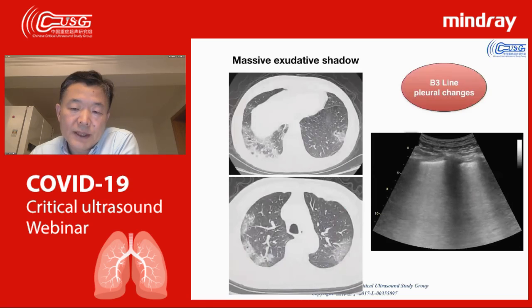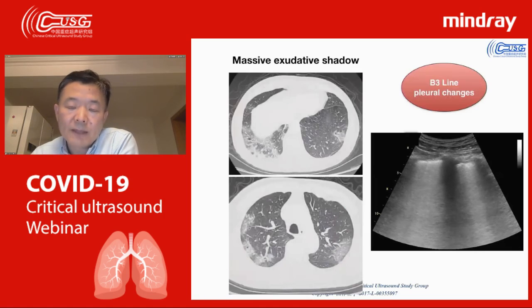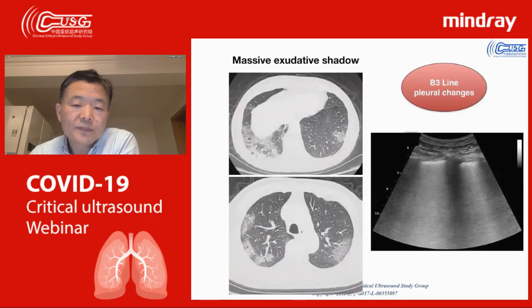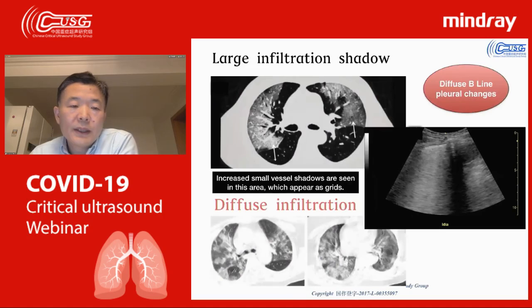You can still see here the lung sliding and B lines, but the lung sliding now seems slower, restricted, or limited. In this part, you can see from a small part to a large part, or even diffuse infiltration.